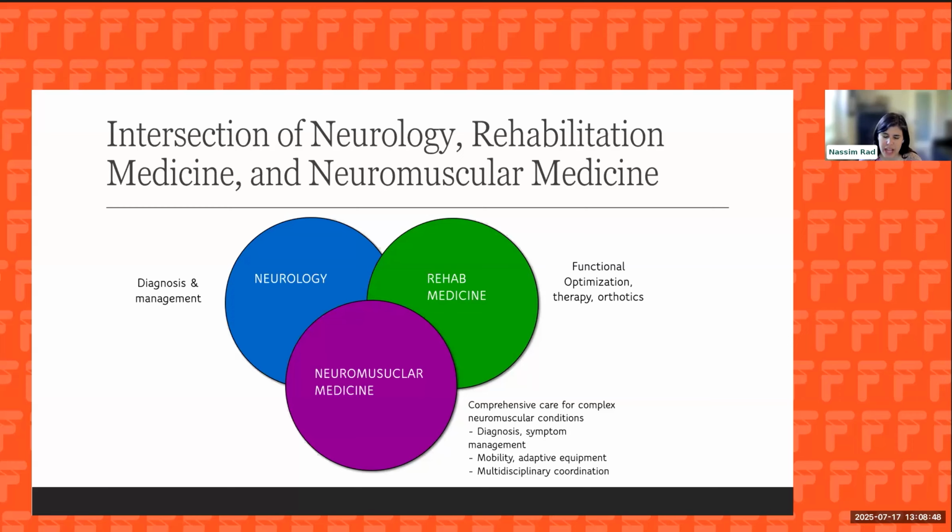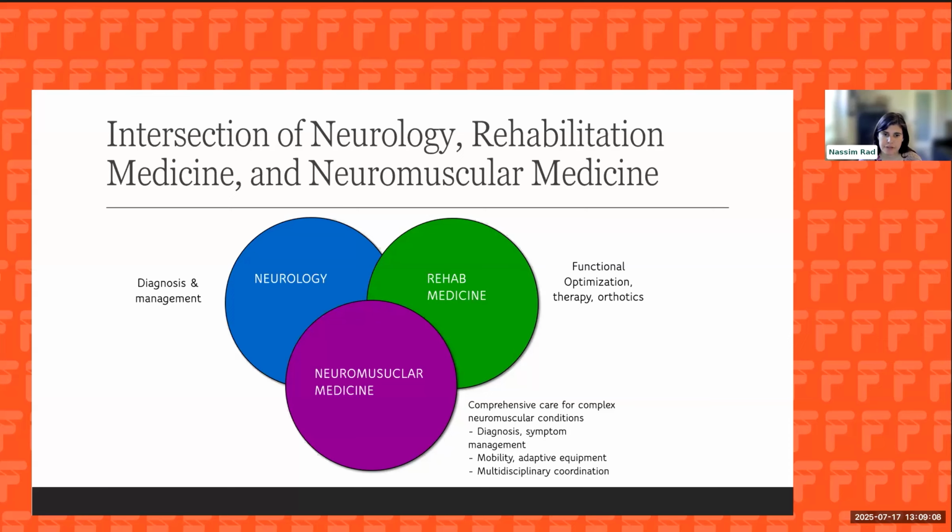So I myself am a neurology, neuromuscular trained rehab medicine doctor. So I did my training in rehab medicine, and then I went on and did my fellowship in a neurology-based neuromuscular medicine fellowship. Now, the fellowship is what really hones us in neuromuscular medicine.